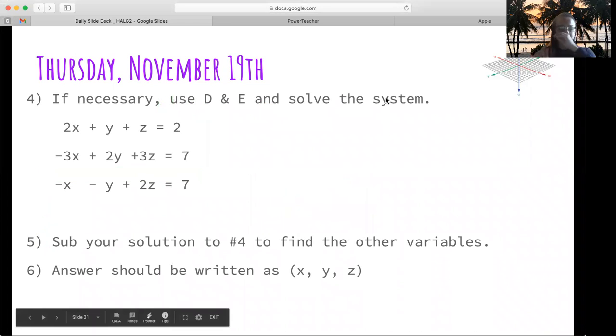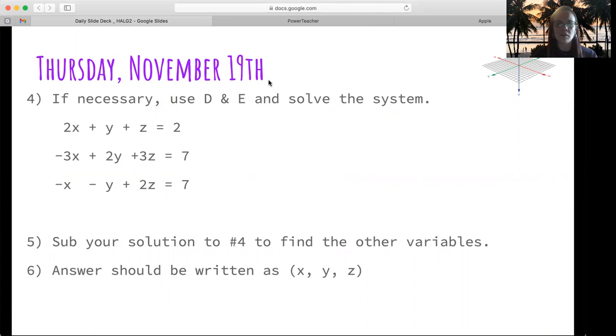Okay, so now let's look at D and E. I'm going to put D and E here together. D, I got 1x plus 3z equals 9.